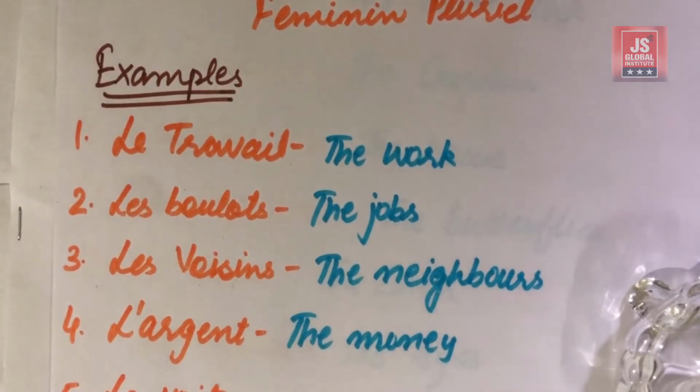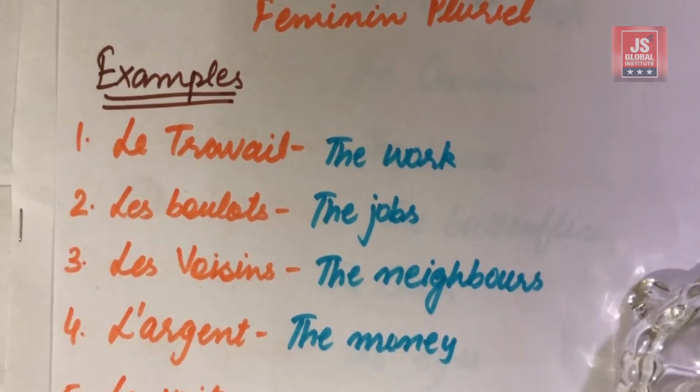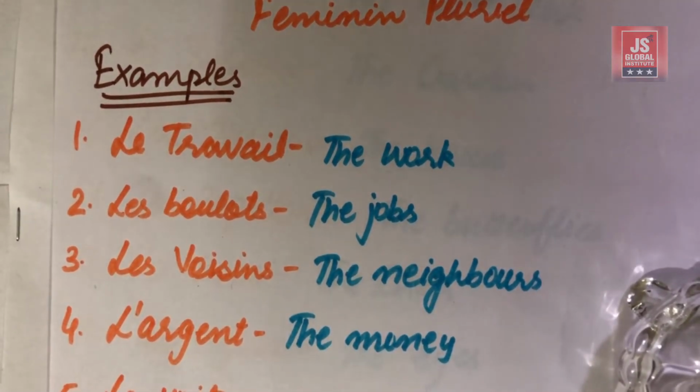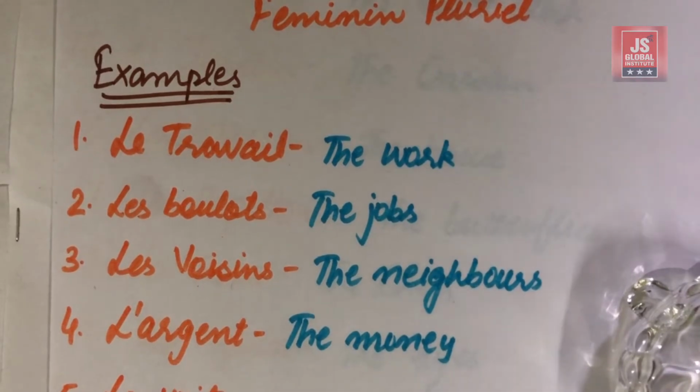Students, one thing you have to keep in mind is that you have to learn these words side by side. These are basically new vocabulary for you also, so along with learning this lesson, you will also learn the words.